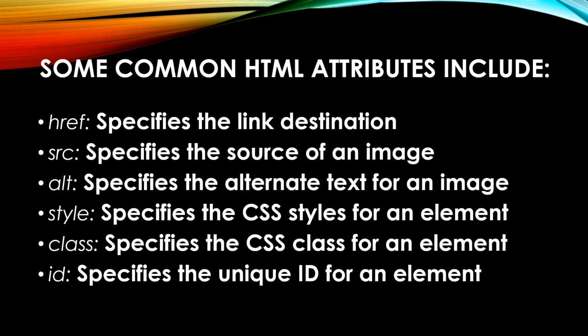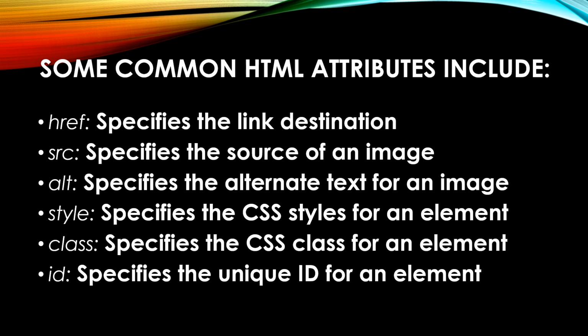And then the style specifies the CSS styles for an element. For example, the font color, the font size, the font style, background color, the height, the width, and padding, and all that. So the style specifies the CSS styles for an HTML element.